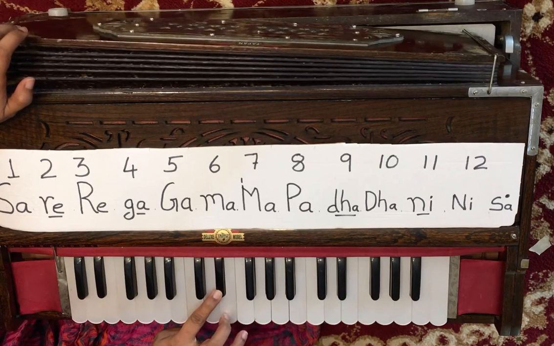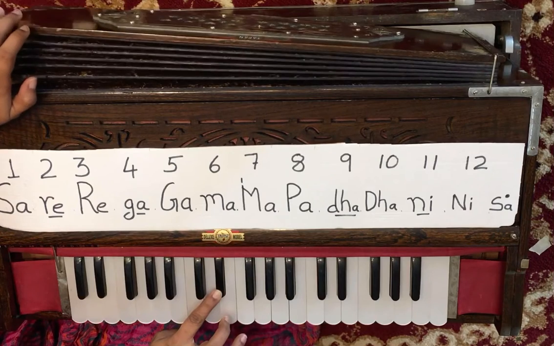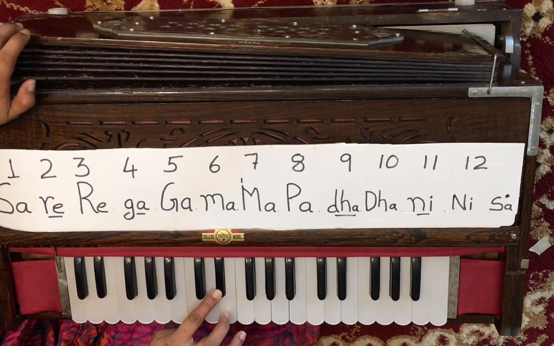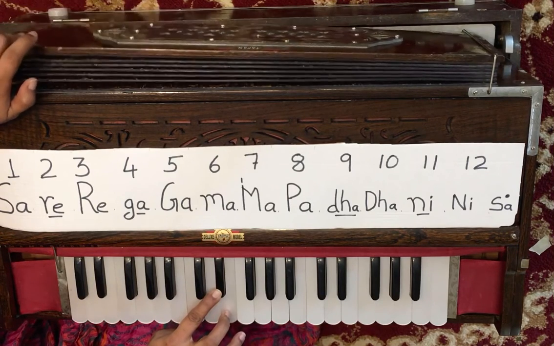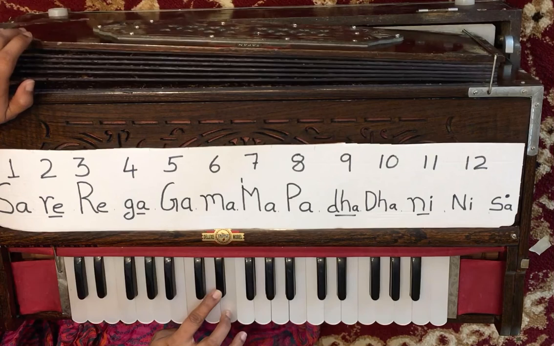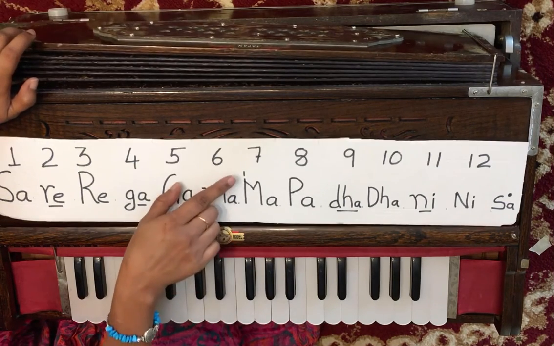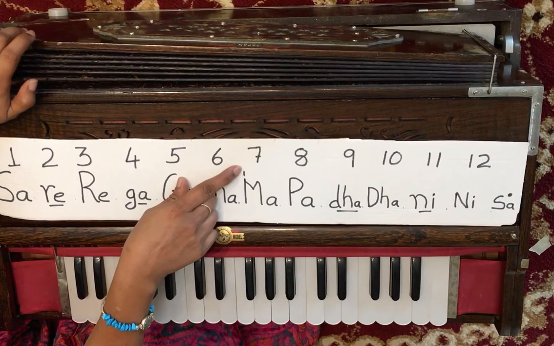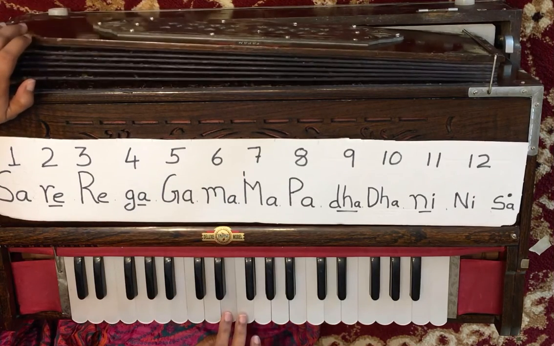Now this note is not called a komal pa, but it is called a sharp ma, or in Hindi we call it teevra ma, which basically translates to a sharp ma. In order to write that sharp ma, we use something like this. It looks like an apostrophe mark, but we simply write it like that to represent that sharp ma.